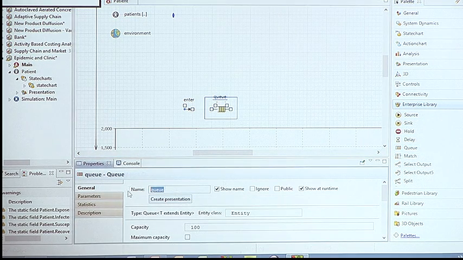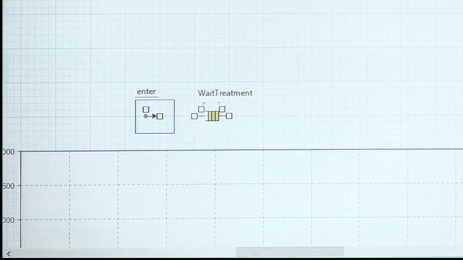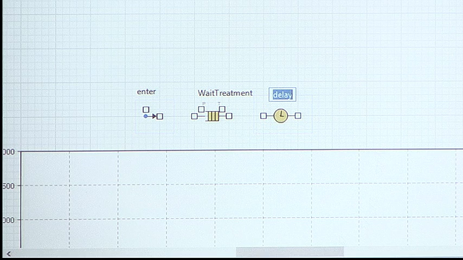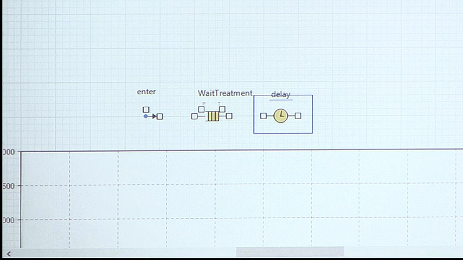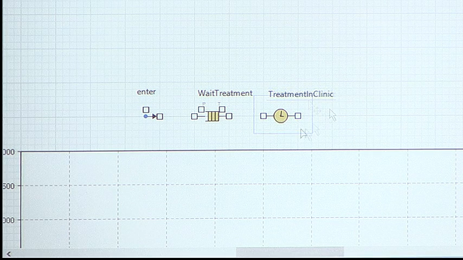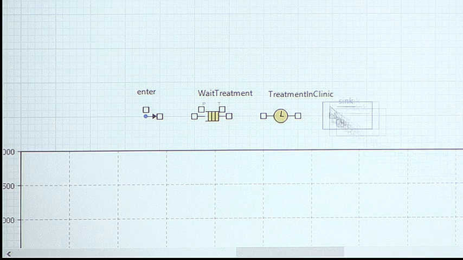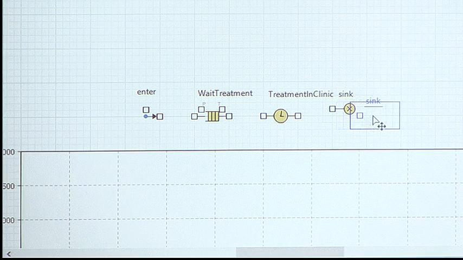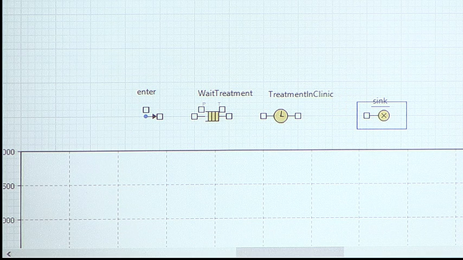Queue. Wait treatment. Delay. In clinic. And then sink. Discharged from the clinic.